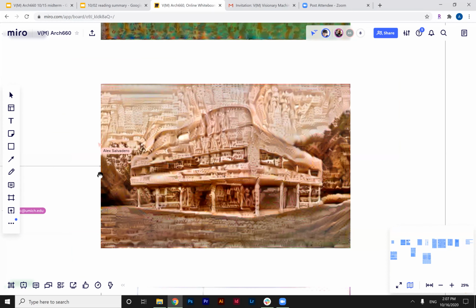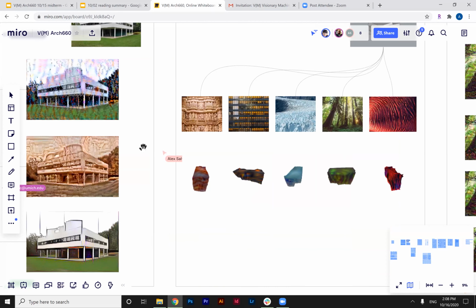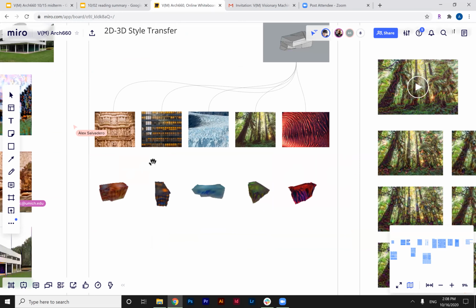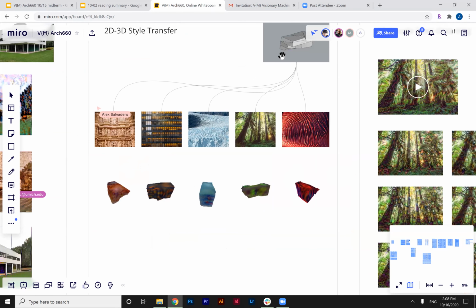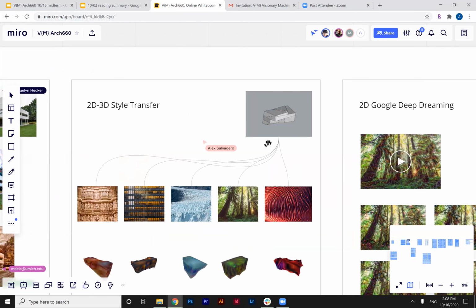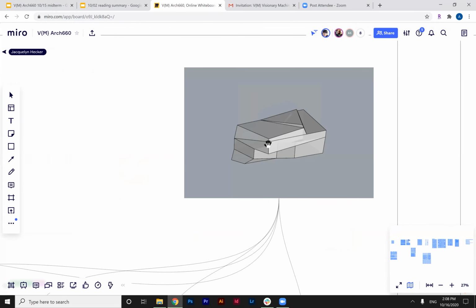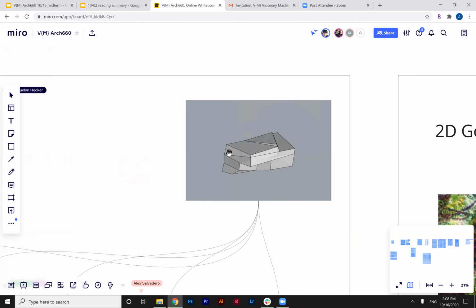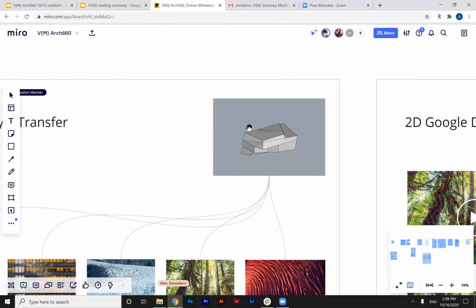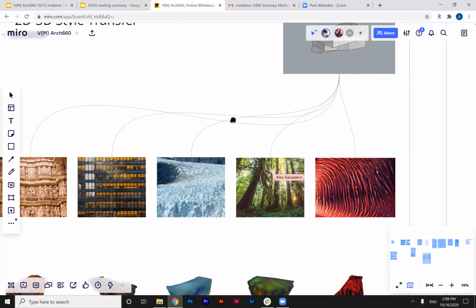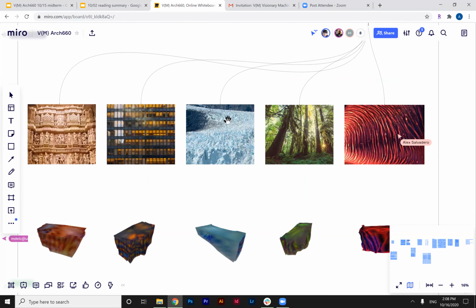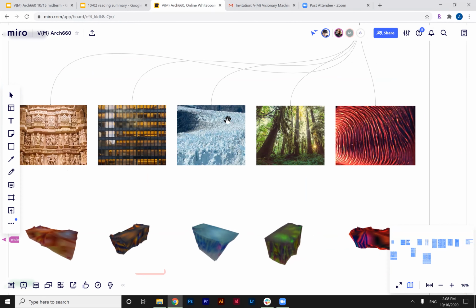Then looking at the 2D to 3D style transfer work. The model I took was originally an old studio project. I used the same image of the Lakshmana temple, the Seagram building, and some images from nature: snow, a forest view, and a lava flow. To be honest, I wasn't super excited by any of these results.